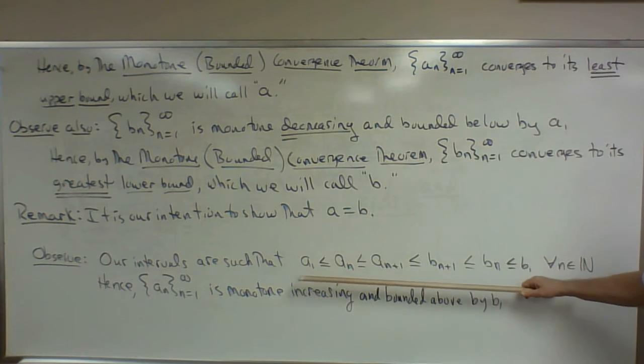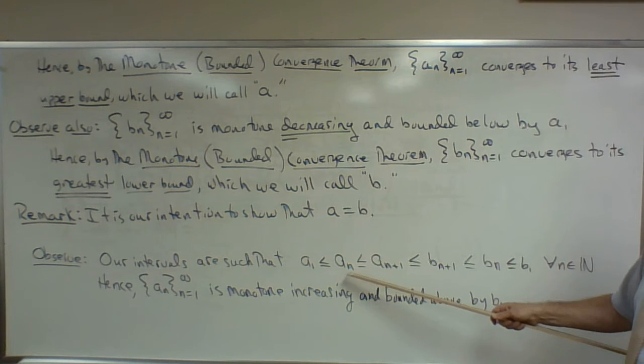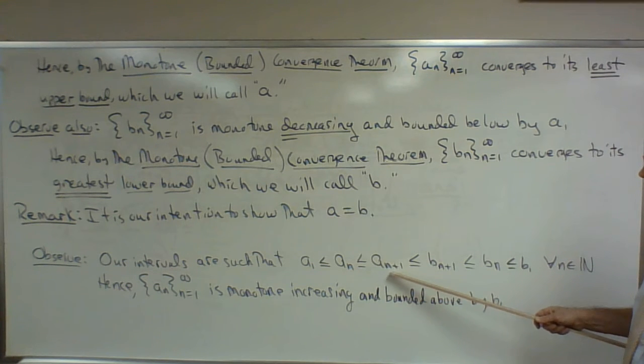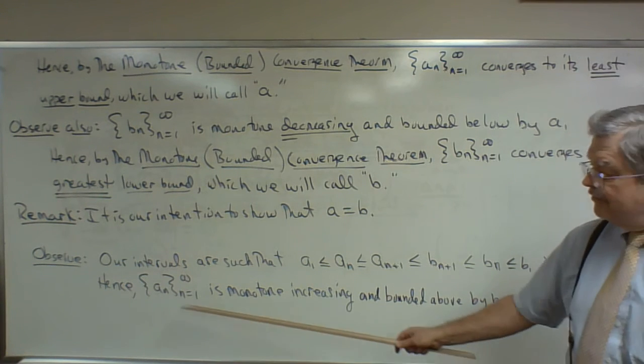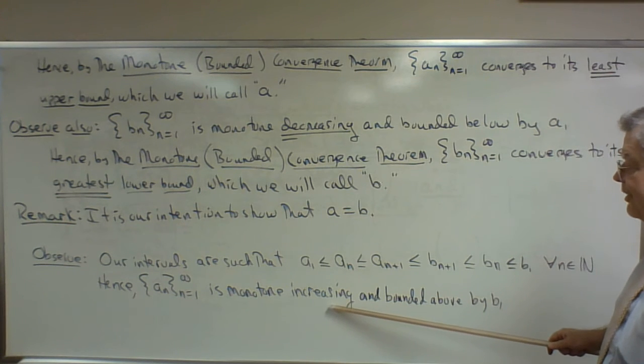At any rate, here's where we left off. We had this inequality, or this string of inequalities. And what we noted was that a sub n is less than or equal to its successor, a sub n plus 1. And so that means that the sequence of left endpoints is monotone increasing.